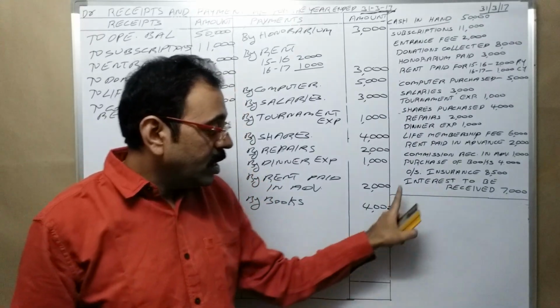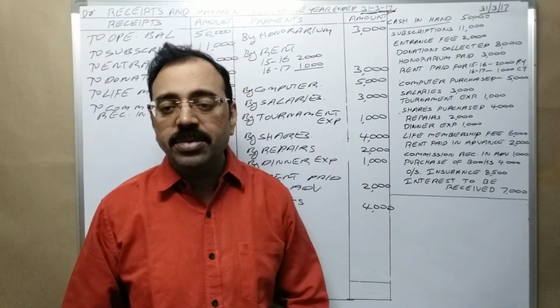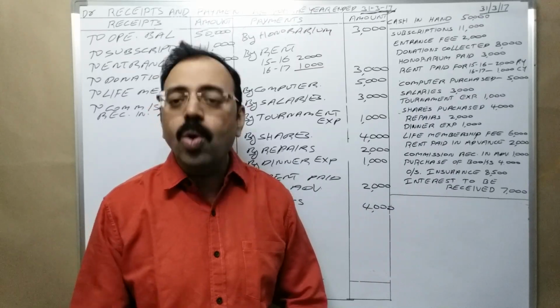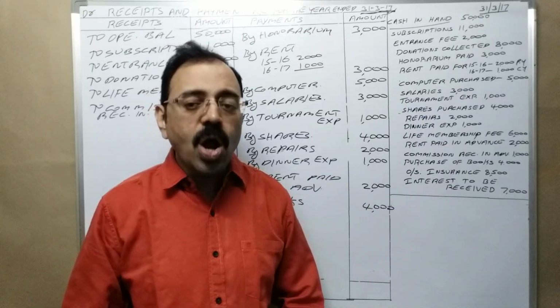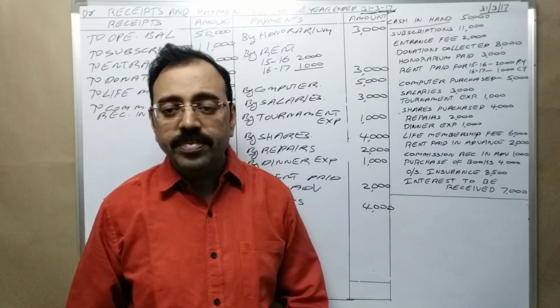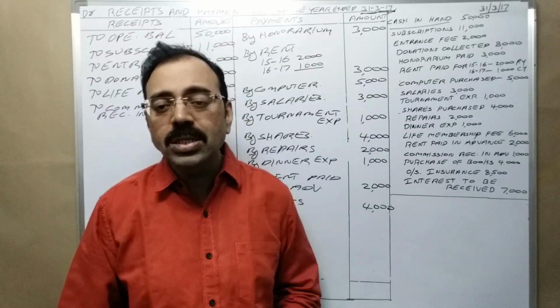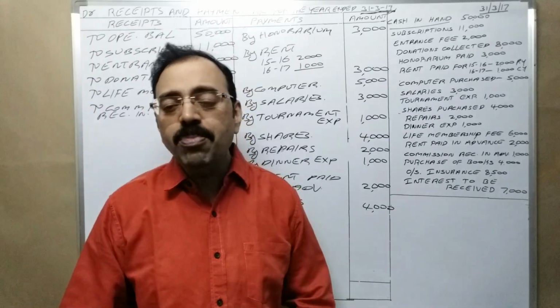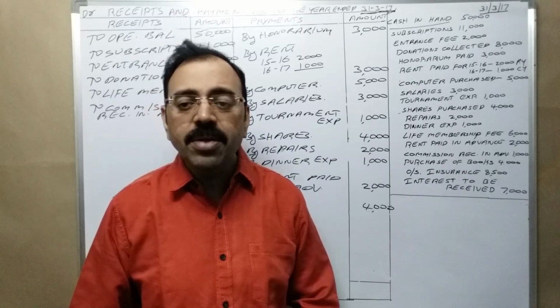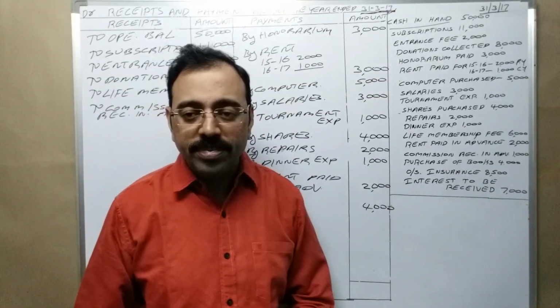The next one, interest to be received. Same concept. Is cash coming? No. Income is not coming here. Income has to come. When it comes, then only it is a cash inflow to us, and we record it in the receipts and payments account. Clear? Therefore, even this point you should ignore.